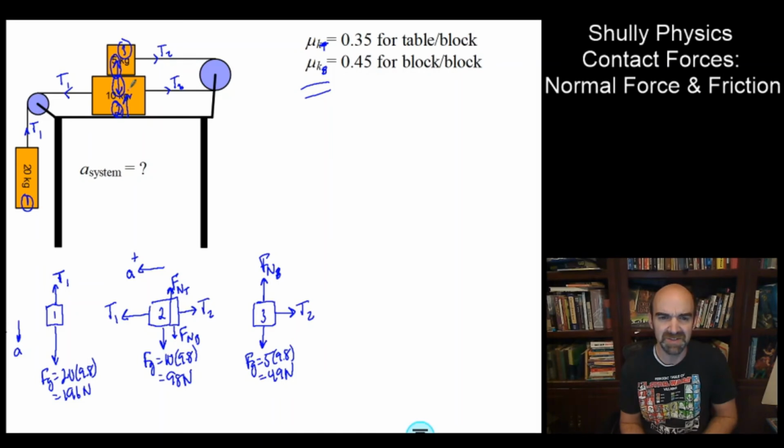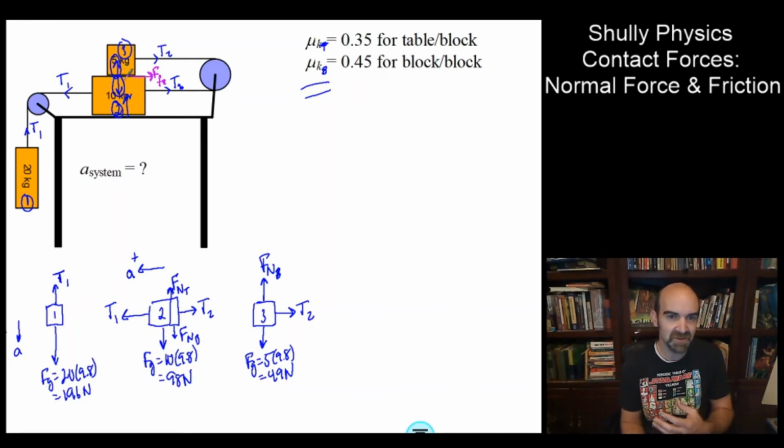All right, so as block 2 gets pulled to the left, how is block 3 going to react to that? Block 3 is going to be pulled to the right because of this tension here, as block 2 is pulled to the left. So that's going to put a backward force of friction on block number 2, a frictional force to the left.